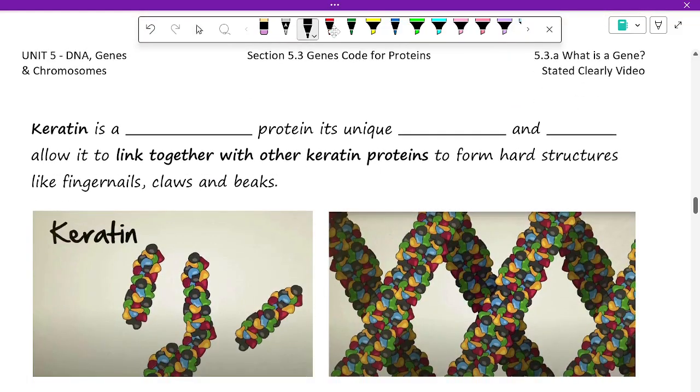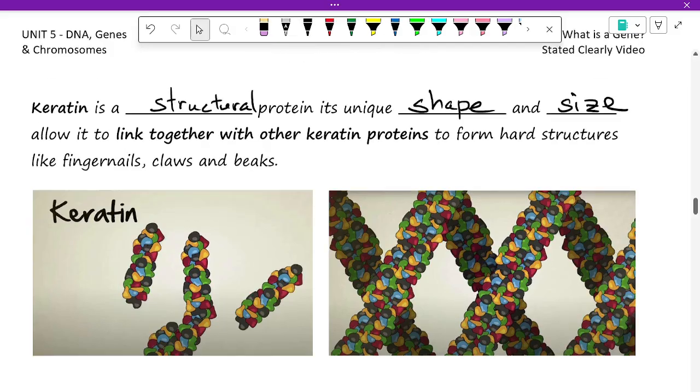Keratin is a what type of protein? Structural. Its unique shape and size allow it to link together with other keratin proteins to form hard structures like fingernails, claws, and beaks.